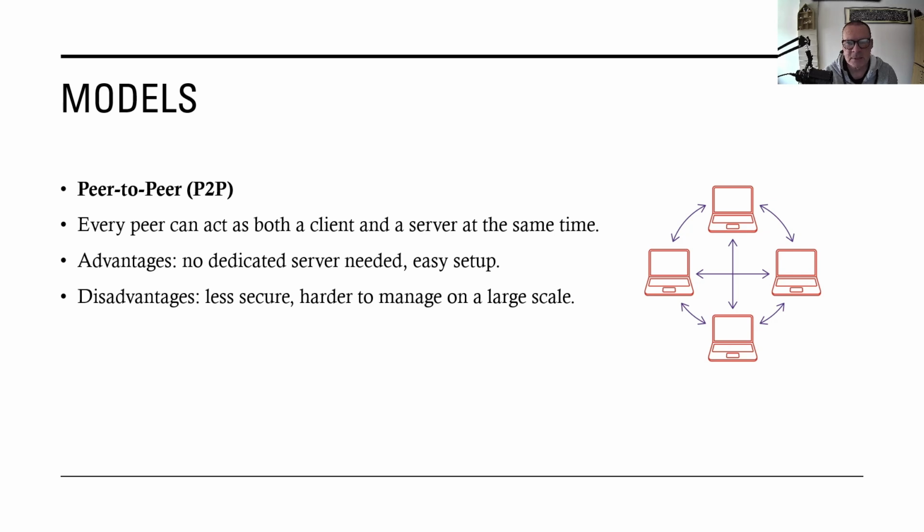And it's easy to set up, so you don't need a special piece of hardware. You don't need to set that up somewhere. You don't need to connect it up to everything. You just have the normal computers, and those computers can talk to each other backwards and forwards at any time, requesting, sending. There's no restriction. They're all considered to be equal in terms of status.